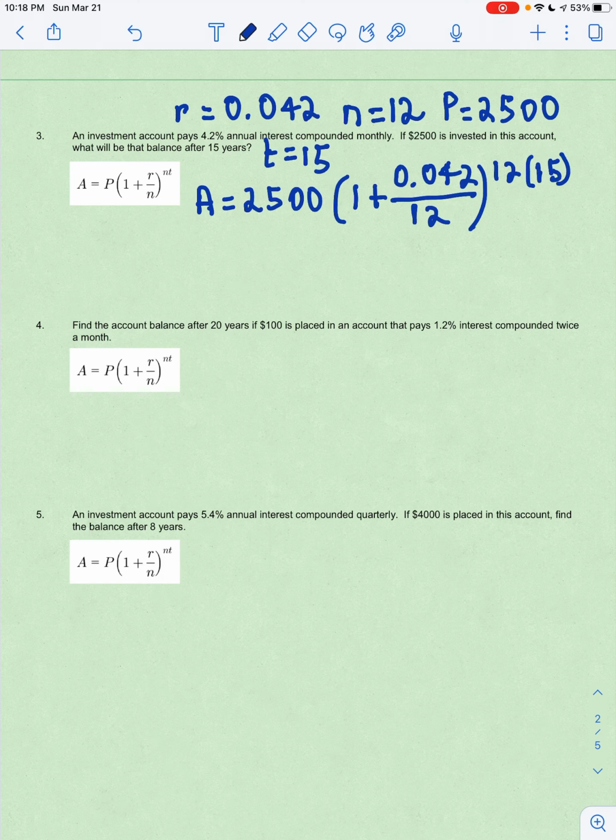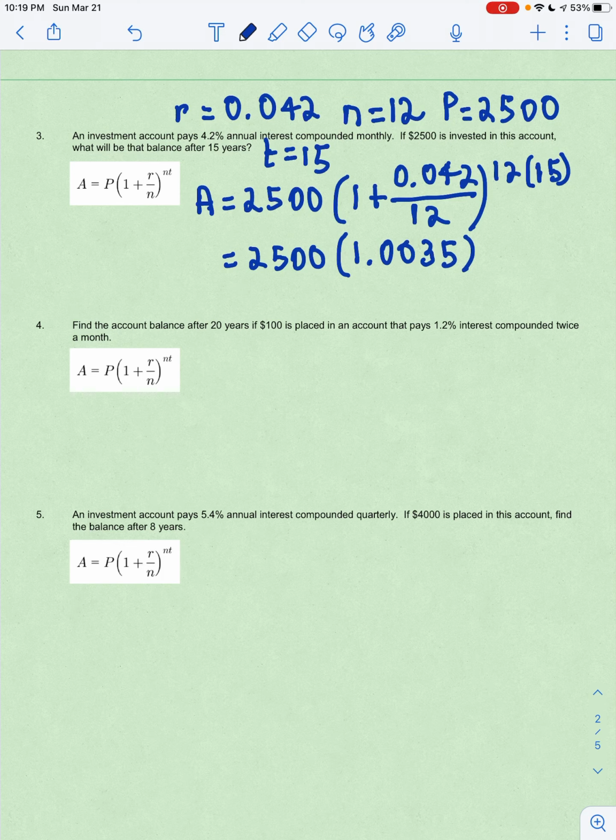And a lot of calculators will handle this entire input. Sometimes, though, it's easier to do some of this by hand first. So, for instance, you might want to take the 0.042 and divide it by 12 and add the 1, which most calculators are going to do the division before the addition because it's in the hierarchy higher.